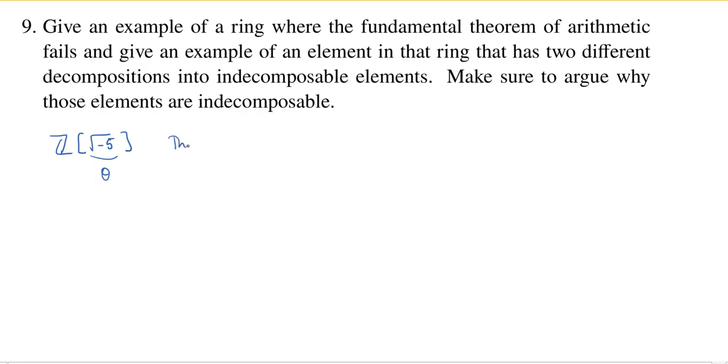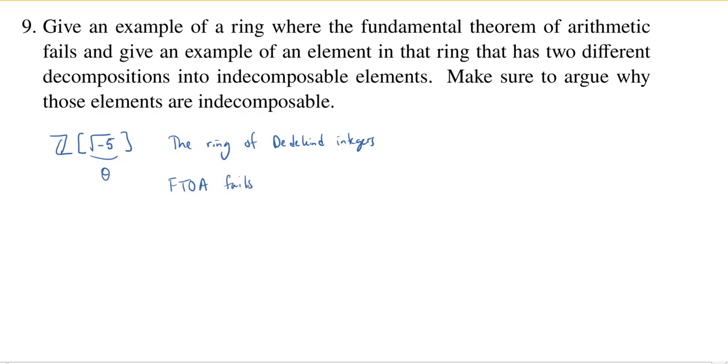So this is the ring of Dedekind integers. And we showed that the fundamental theorem of arithmetic just fails, and it fails pretty miserably. So FTOA, that's our abbreviation for fundamental theorem of arithmetic, fails.